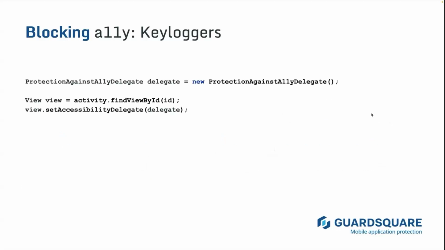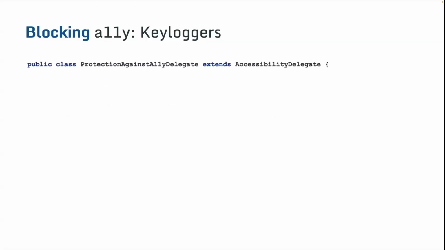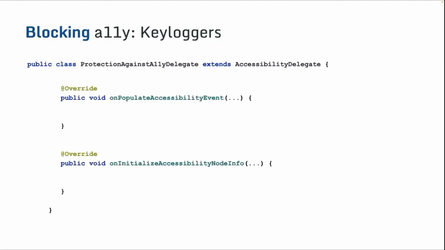Okay, so let's suppose we have a sensitive view. We can retrieve it programmatically from its ID. And we just have to set a delegate, this delegate. And this delegate is our class. This is a class that needs to inherit from accessibility delegate. And we will have to define two callbacks, these two.